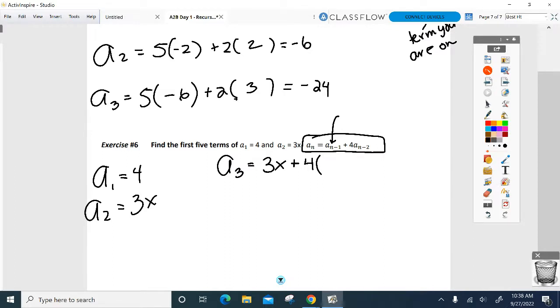A1. The term before the term. Everyone agree? Previous term, the term before the term. So my 3rd term is going to be 3x plus 16.